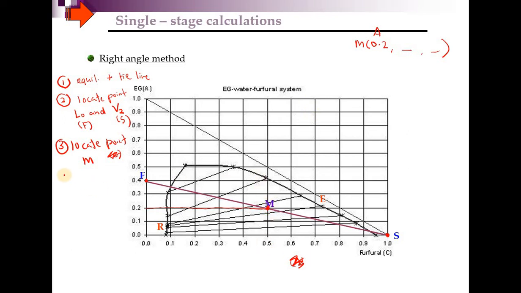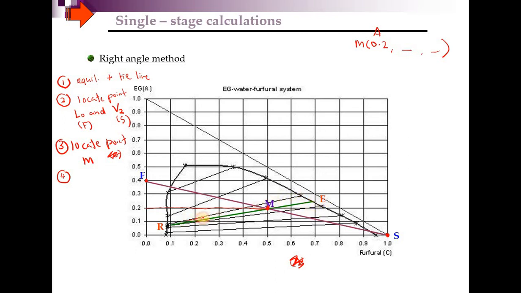Next you draw another line that crosses M, the green line across M. Another thing you should be aware of is the green line should lie in between the tie lines.